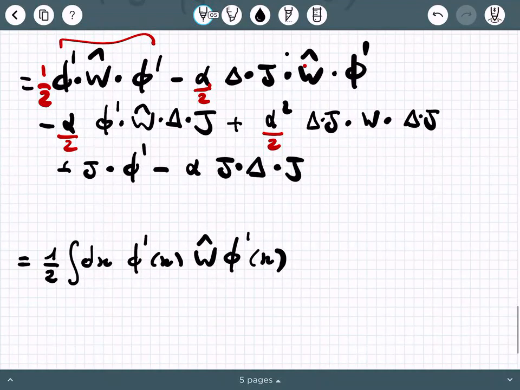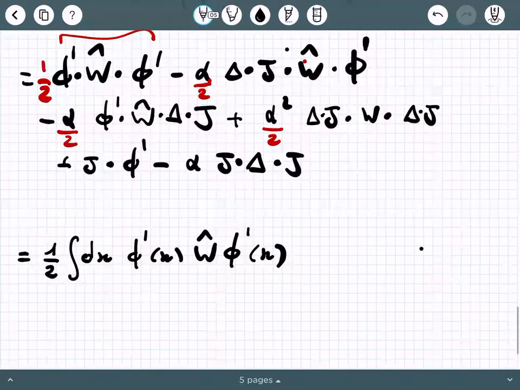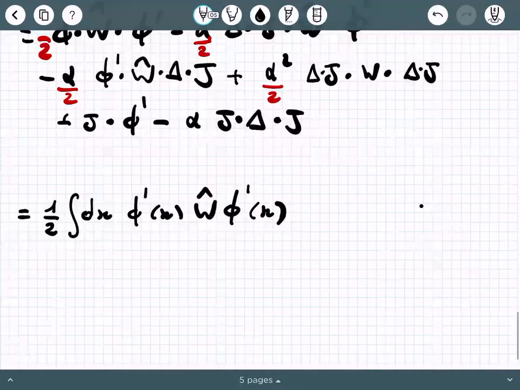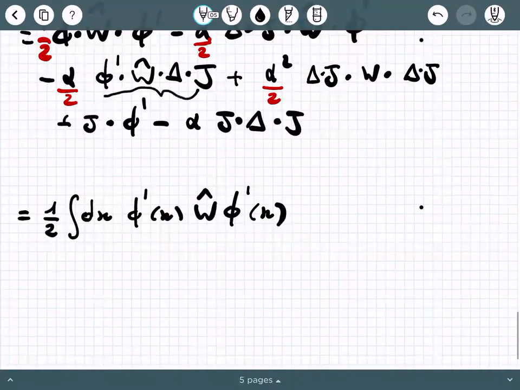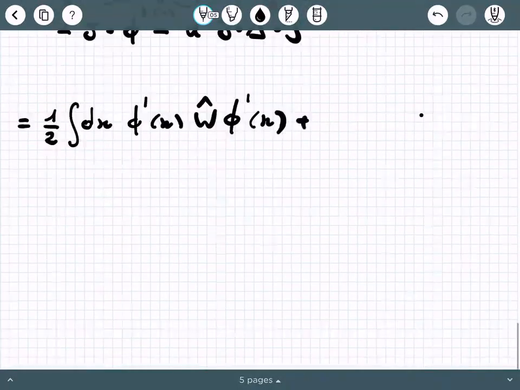Okay. Now, let's look at these terms first. This term here, I call it 1. Here, I'm going to add terms here.